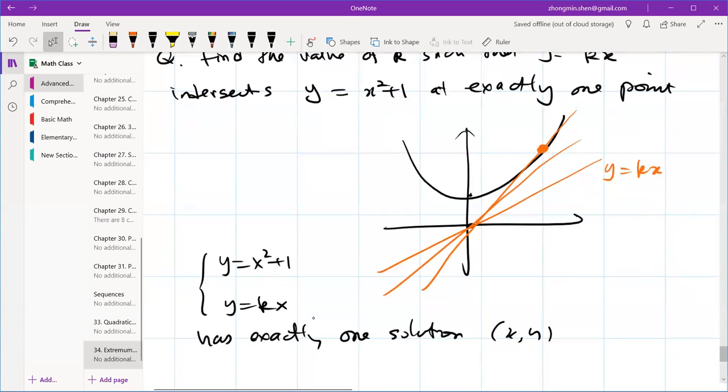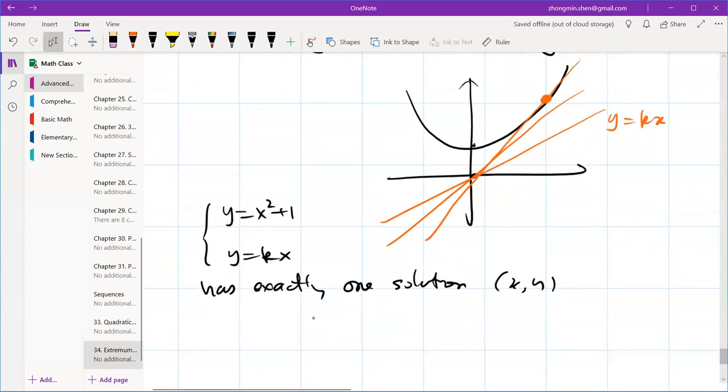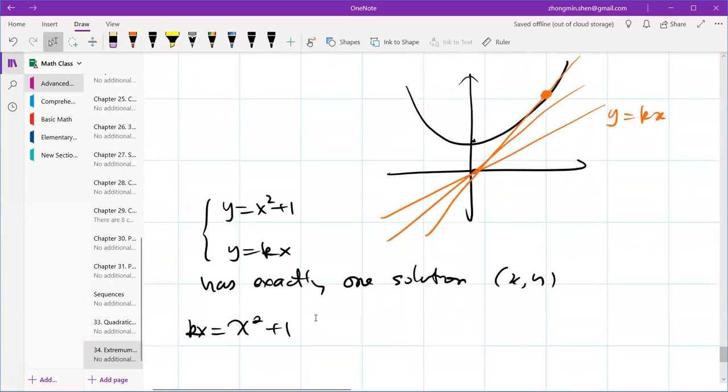The question is when it has one solution. Well, there are two equations, so you will get kx equals x squared plus 1. So you actually end up with a quadratic equation equal to 0.